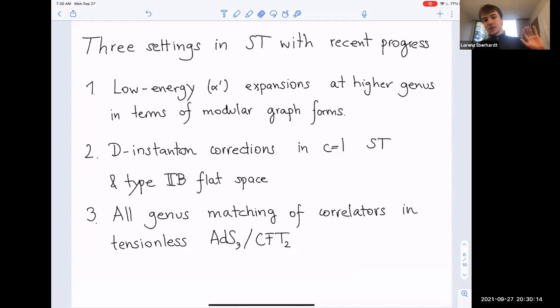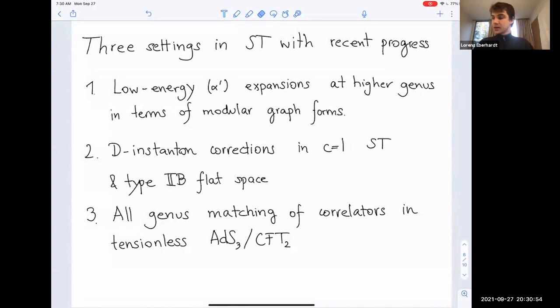They showed that you can compute D-instanton corrections in string theory explicitly and match them to the matrix model. Later Ashoke Sen also clarified some things about that, because there are some problems with normalizing the measure and so on, so it's not super trivial. Ashoke Sen then went on to compute the D-instanton corrections to the type IIB flat space amplitudes, and they also match what's known in the literature already, which was basically found from imposing S-duality and various consistency conditions. So I think that's a very promising direction.